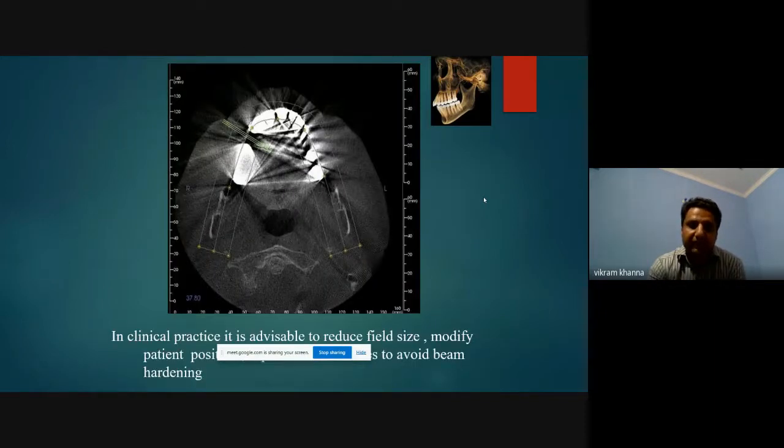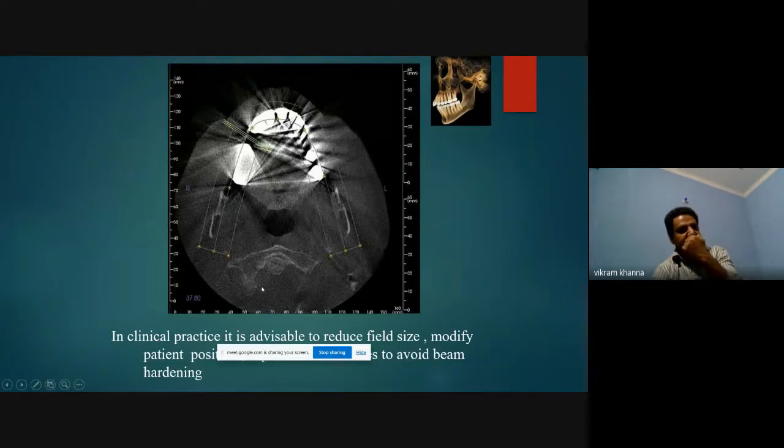So this is an example of a streaking artifact. See how the streaks are emerging out of this. If the filling is cylindrical, then it will form a cup shaped defect. If it is irregular in shape, then it will form streaks and dark bands. These are the streaks, and adjacently there are dark bands.